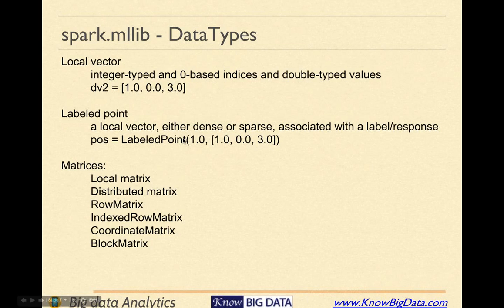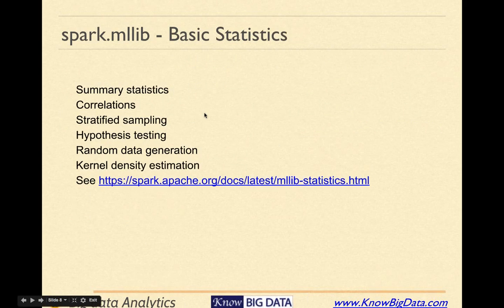For example, the index row matrix. What does it mean? We convert the full matrix into x, y, value, meaning row number, column number, and the value. We convert the whole matrix into three columns. So those are the various representations of the matrix that you may want to use for your data.